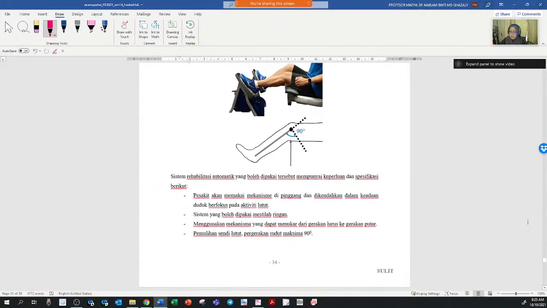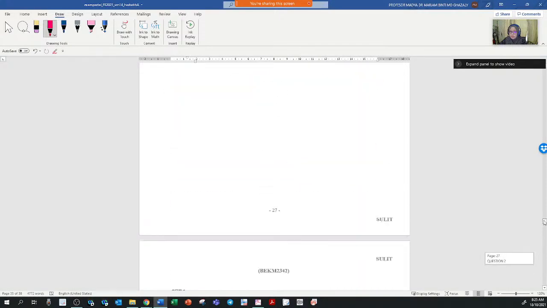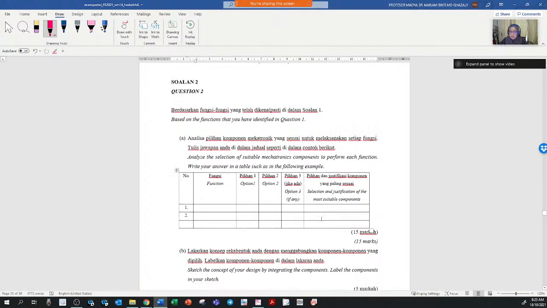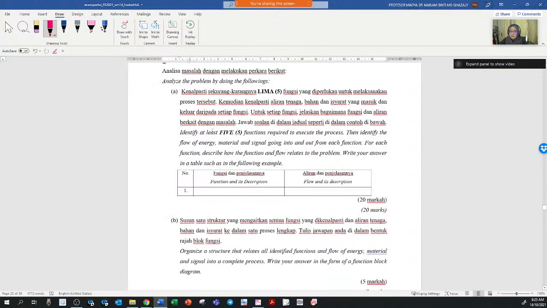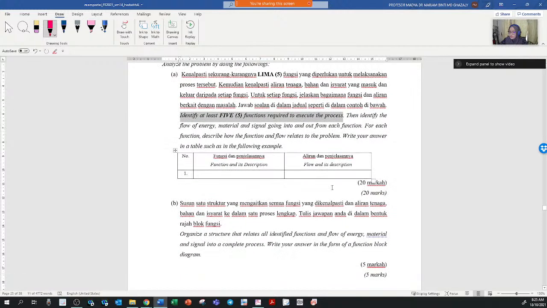So if you look at this question, first of all, the question is: identify these 5 functions required to execute the process. The process to measure the displacement. So what is the process? What are the functions? What are the flow and description?